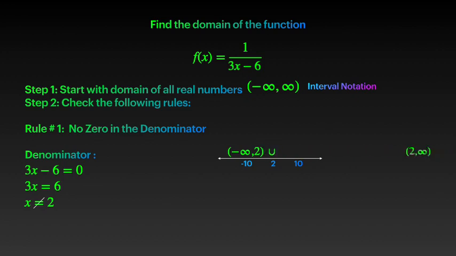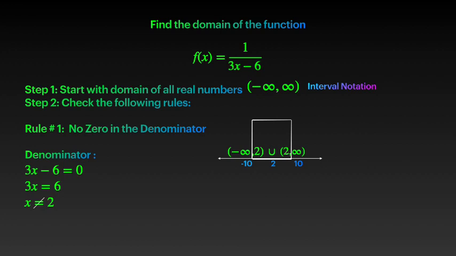Union, start at 2 with parentheses at 2 because we are not including 2 all the way to infinity. Now this part here is how we skip a number. So this is telling us our domain is everything except for 2.